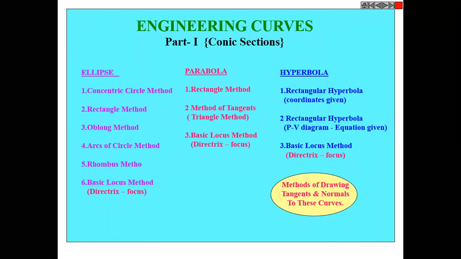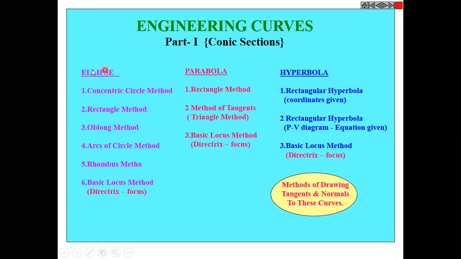What is meant by engineering curves? The engineering curves unit is divided into two sections. Part 1 is conic sections and part 2 is special types of curves. Let's talk about part 1 first, that is conic sections. In conic sections we have the ellipse, parabola and hyperbola to discuss.